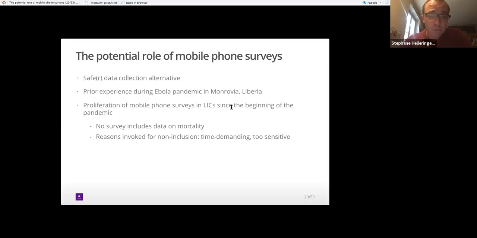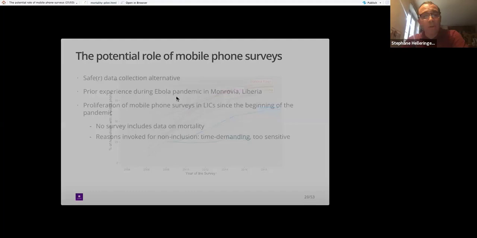But no survey, or very few surveys at least, include data on mortality. And the reasons invoked for that are that data on mortality might be time demanding to collect, and that it might also be too sensitive to collect over the phone because we're asking questions about deaths of relatives.